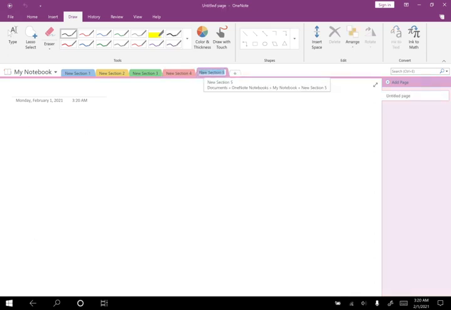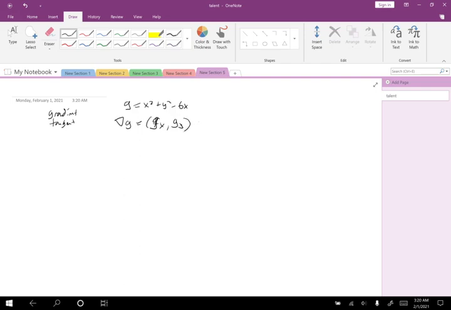We want the gradient and the tangent line, just to rephrase. So g, remember, was x squared plus y squared minus 6x. If I take the gradient, this is g_x, g_y. So we get 2x minus 6, and then 2y.